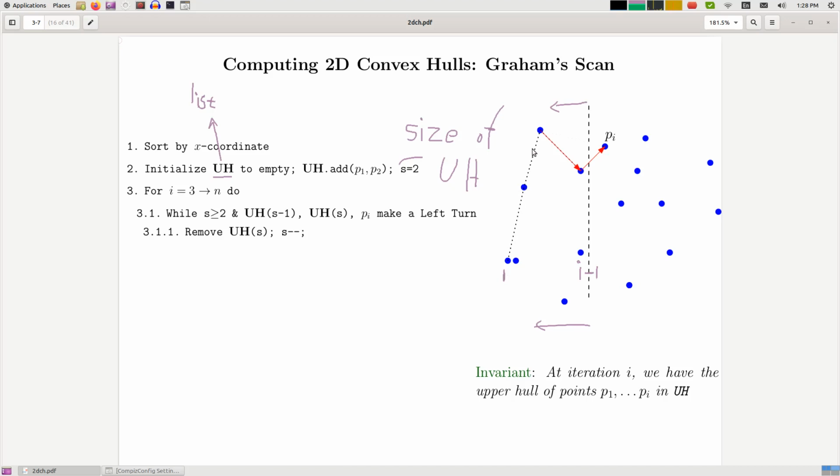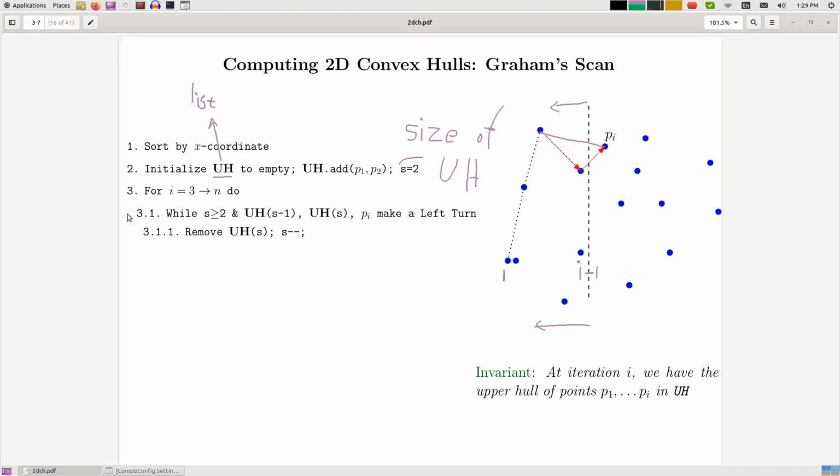We have an upper hull. So the UH stores this list of vertices. Okay. Then at the ith iteration, what I do is this. Don't read this. I'm going to explain what this means. I add the point pi. In this picture, what I can see here is that this point pi creates this upper hull edge. So the upper hull should be this new chain that looks like this. And this point should be removed from the upper hull.